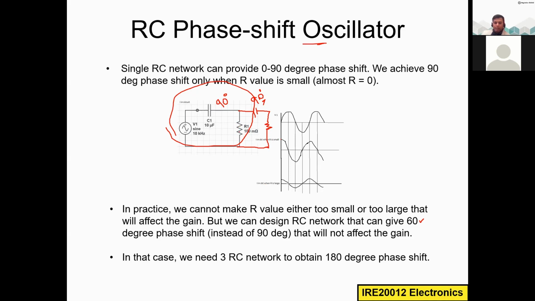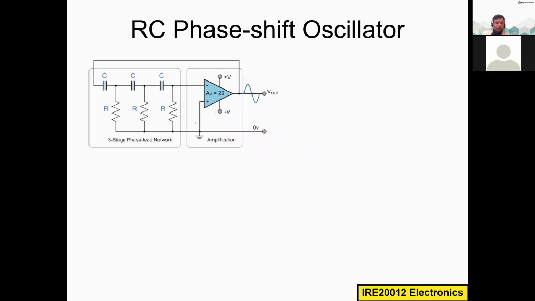So each R and C network, one combination of resistor and capacitor, can provide 60 degrees in practice. It means I need to connect three such combinations to obtain 180 degrees. Okay, let us see the circuit.